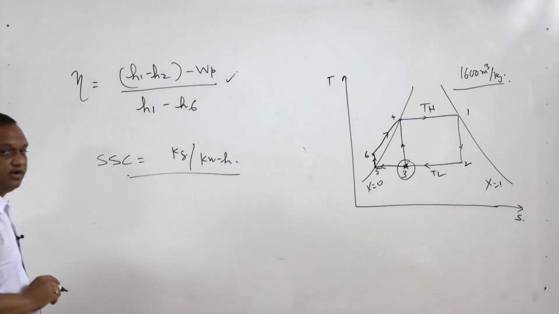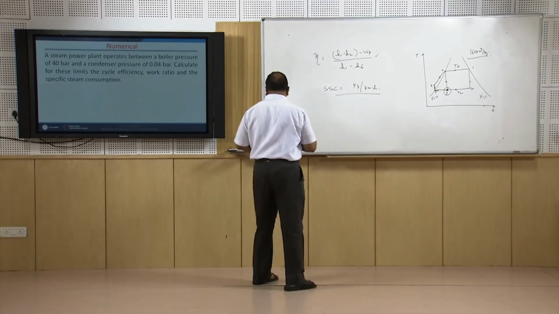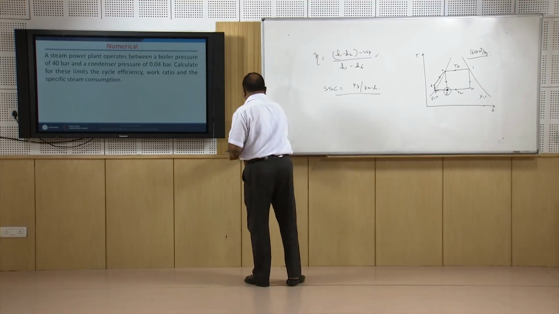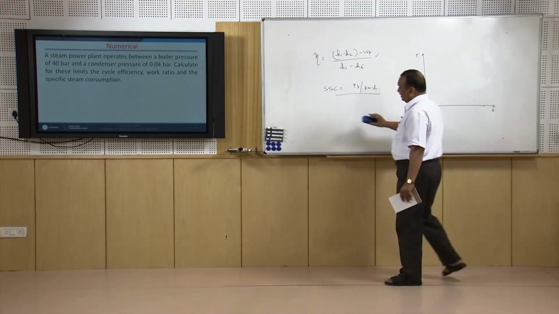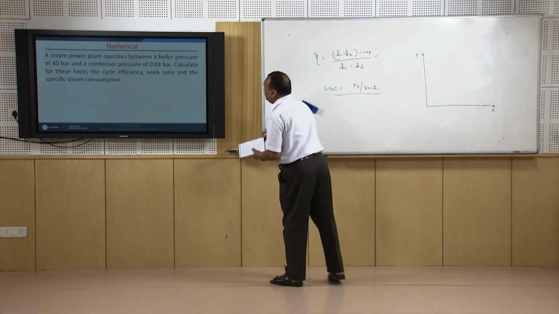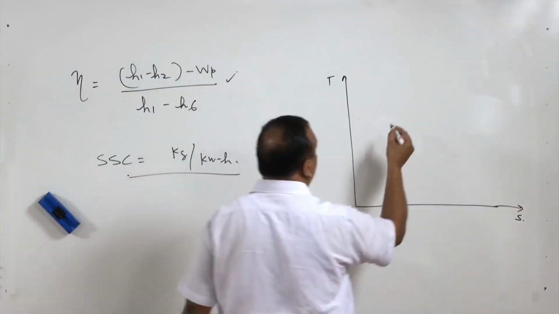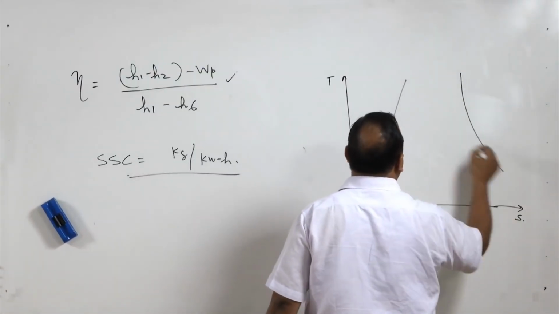This also we can derive from these values. So, in order to start this, we will take first Carnot cycle. So, in case of Carnot cycle, the pressures are 40 bar and 0.04 bar.